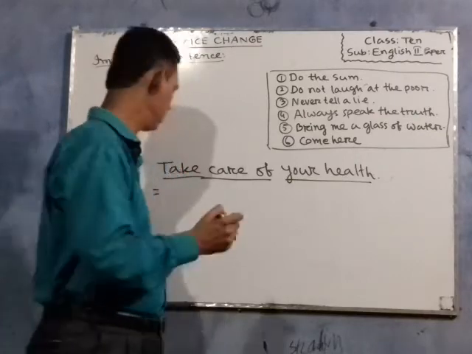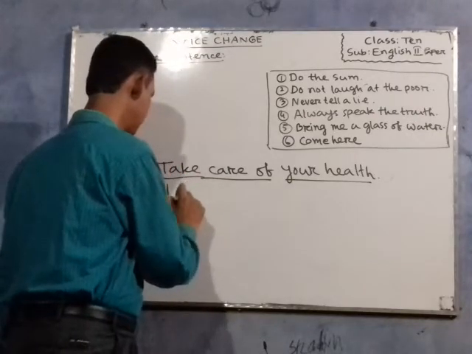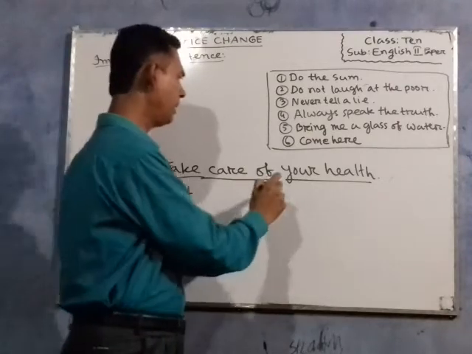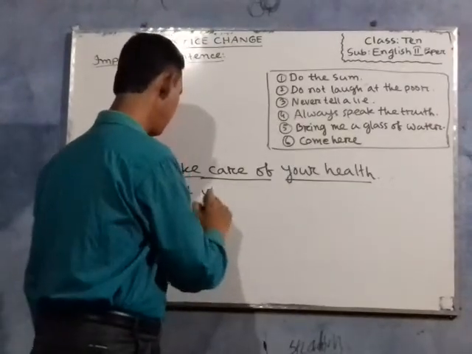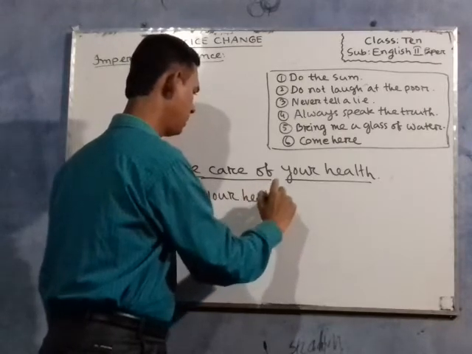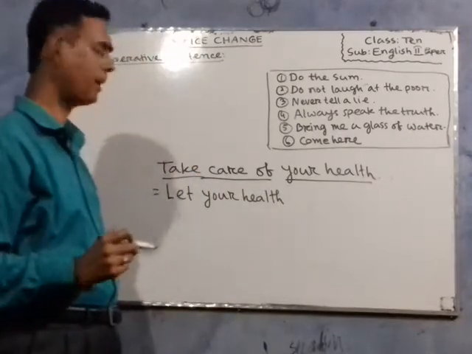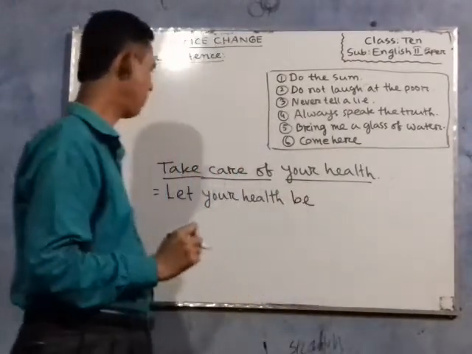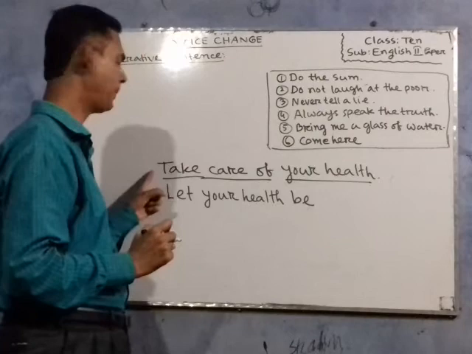write let. Then you have to write the object. So what is the object here? Your health. Let your health. Then you have to write be. Then you have to write the third form of the principal verb, take.